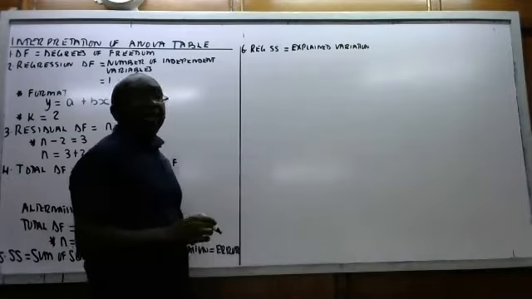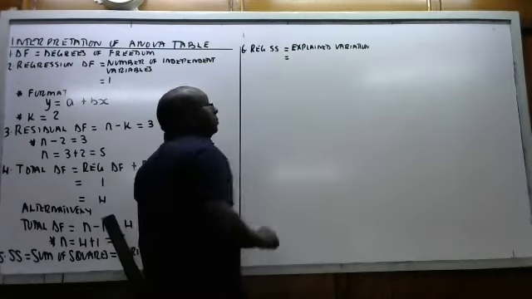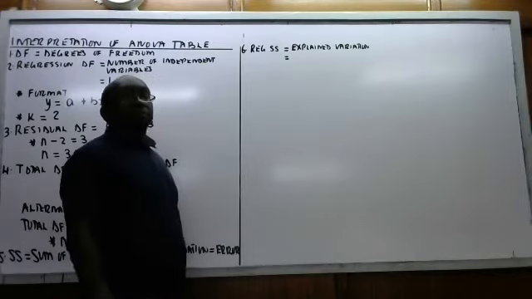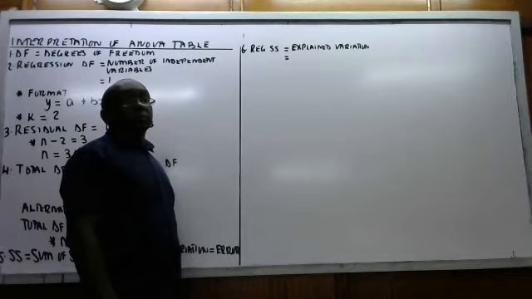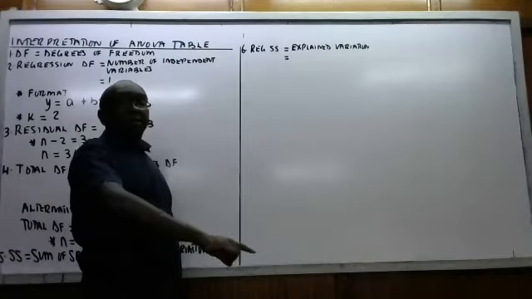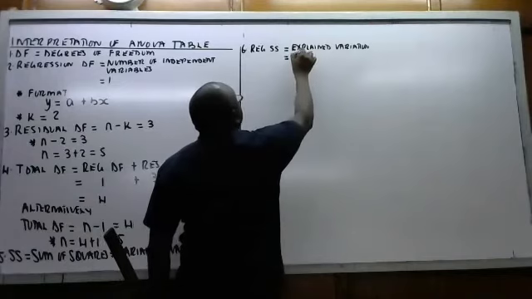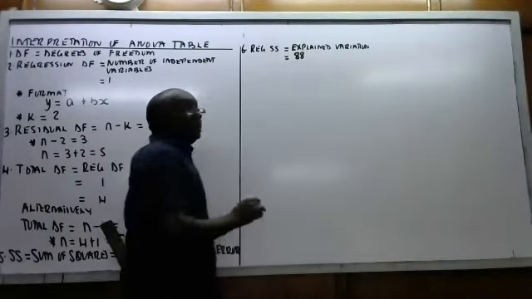And this explained variation, it is given as what in your table? Where regression meets column SS, 88.